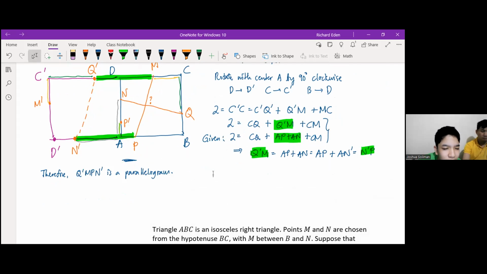If MP is rotated 90 degrees, MP is M prime P prime.